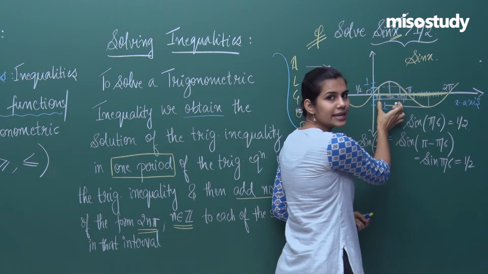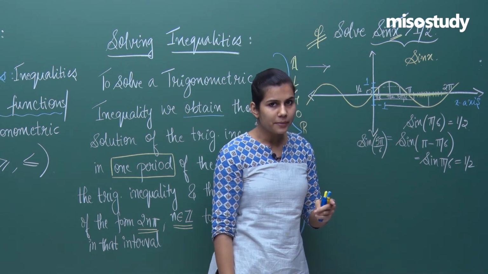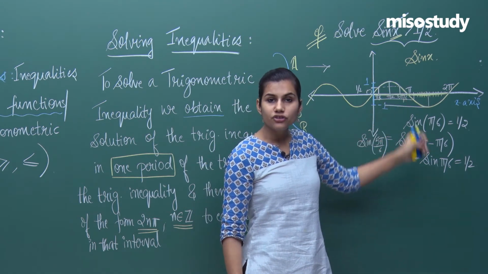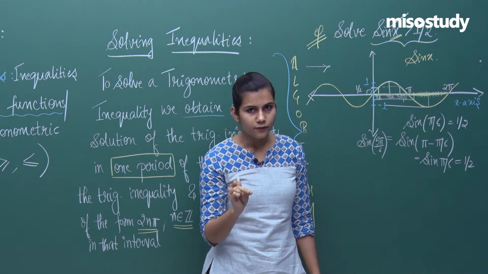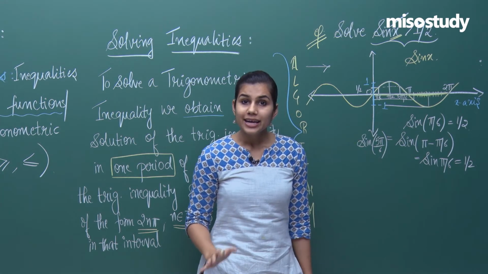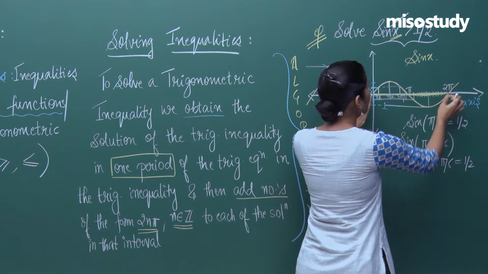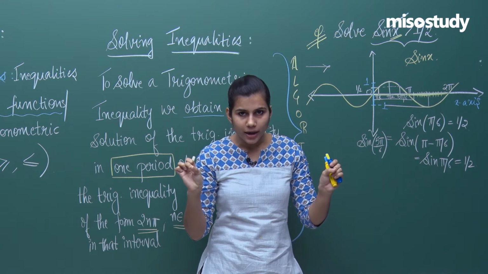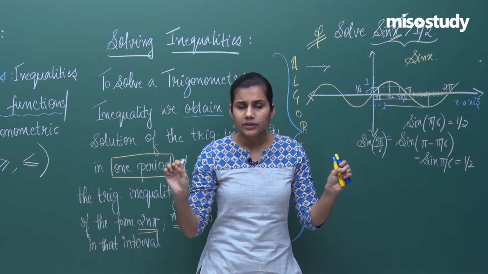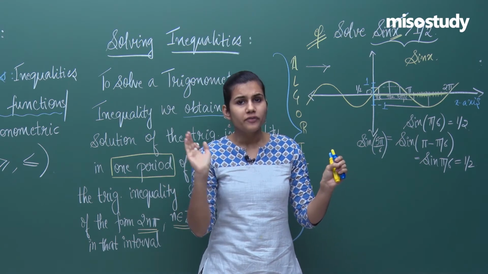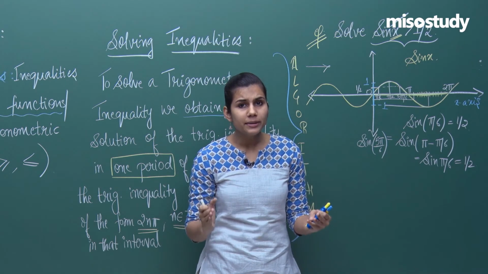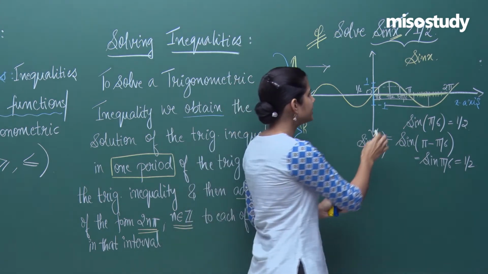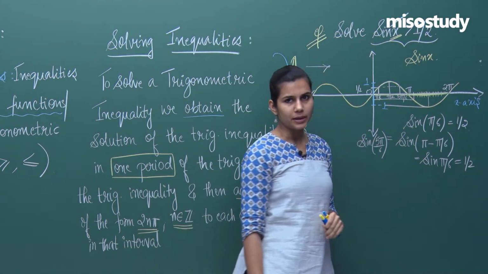In this particular section, from pi by 6 to 5 pi by 6, where I am excluding pi by 6 and 5 pi by 6, I am getting the sine ratio to be strictly greater than half. That means when I picked up one interval of length equal to the period of the sine function, that's 2 pi, the only section of this interval which delivers the angles whose sine ratio is greater than half is the section from pi by 6 to 5 pi by 6.